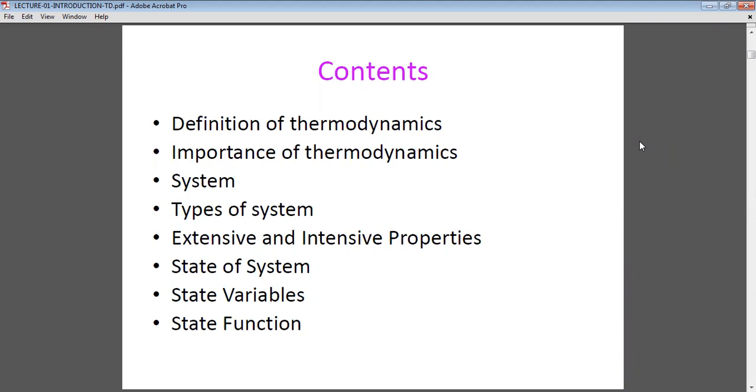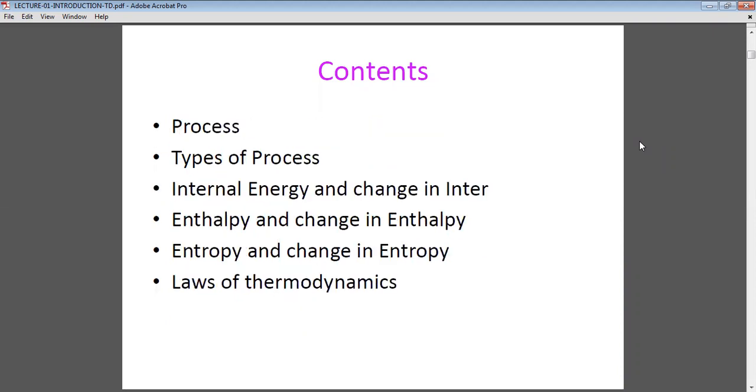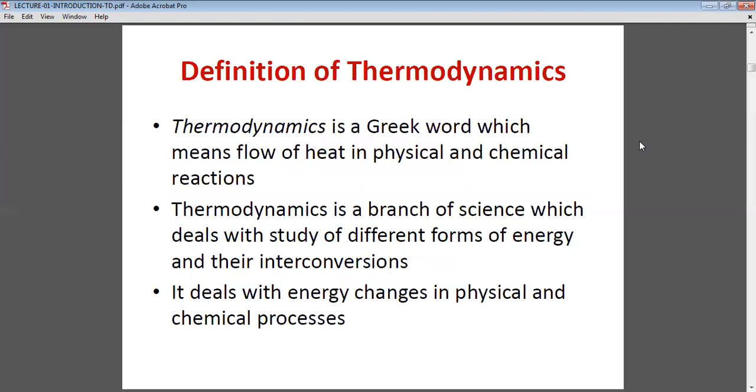Then, what is the state of a system, which variables we take as state variables, and what is the state function. All these we are going to discuss. And also process, types of process, internal energy and change in internal energy, enthalpy and change in enthalpy, entropy and change in entropy, and next again the laws of thermodynamics.